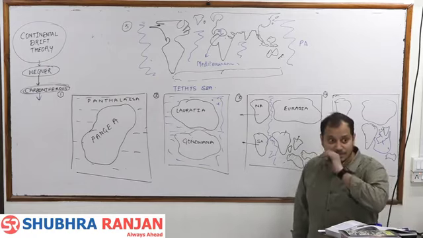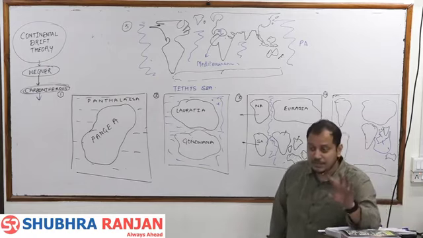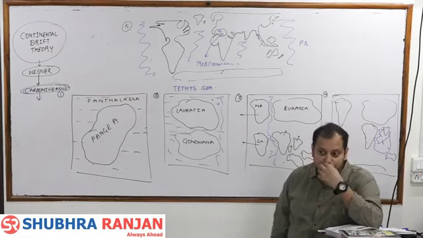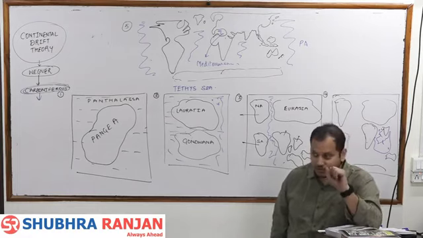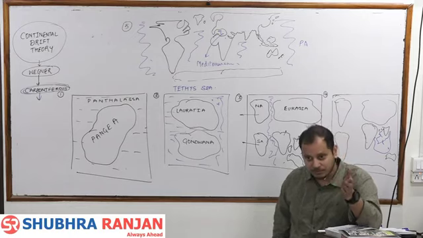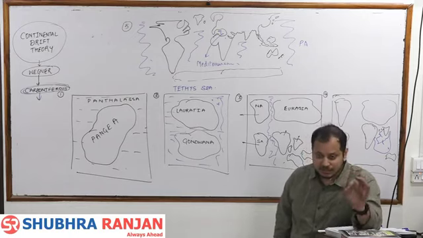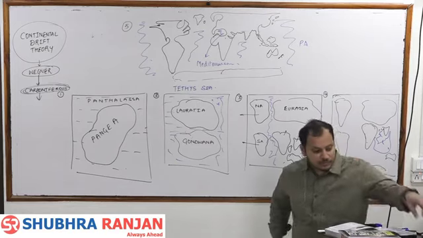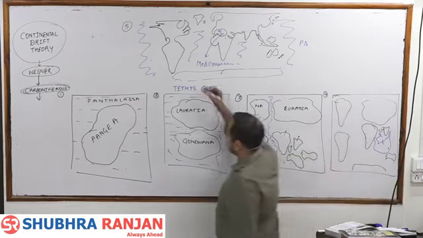Then this theory got worldwide acceptance in 1912. Wegener, who was not a geographer, thought, he has given a theory of geography, I will expand it more. Then he made a mistake. What mistake did he make? He thought he could also explain the presence of mountains.